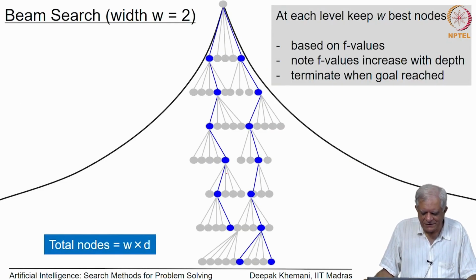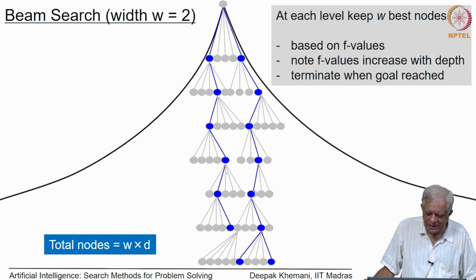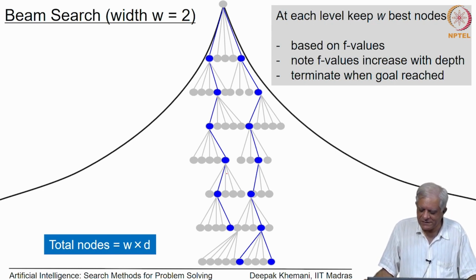So, this is how beam search looks. If the beam width is 2, then at every level we keep 2 nodes, which are the best nodes, shown here in blue color. As you can see, the rest of the nodes which are in gray, we do not need to keep them, and we will in fact delete them. So, we will only keep 2 nodes at every level, and based on how much deeper you are, that many times width, in this case 2, is the space requirement.